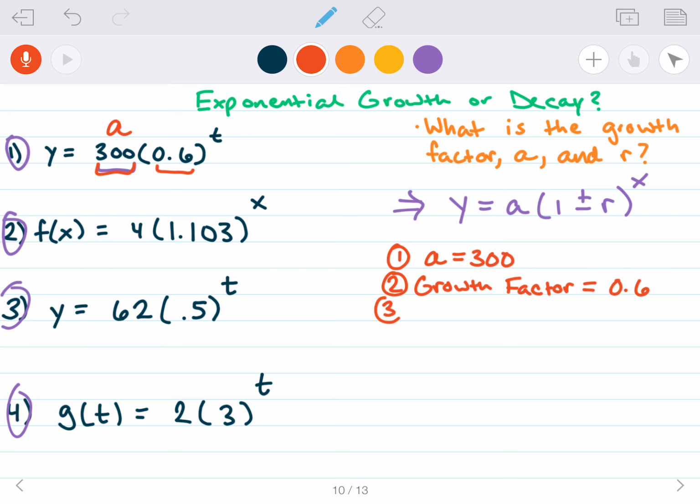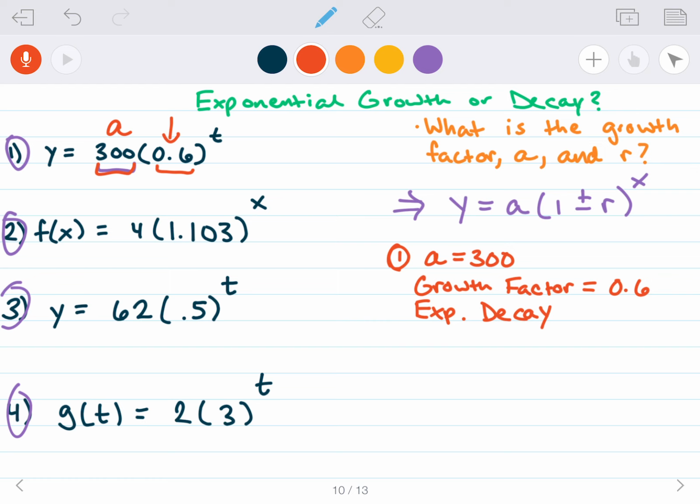Now, is this growth or decay? This is going to be decay because this growth factor is between 0 and 1. So this is exponential decay.